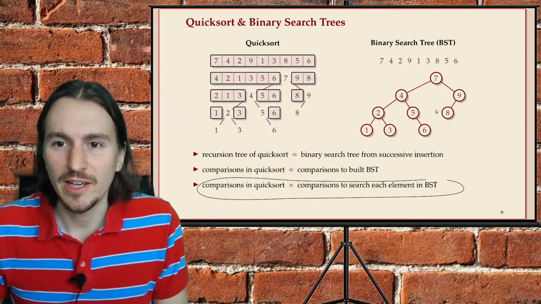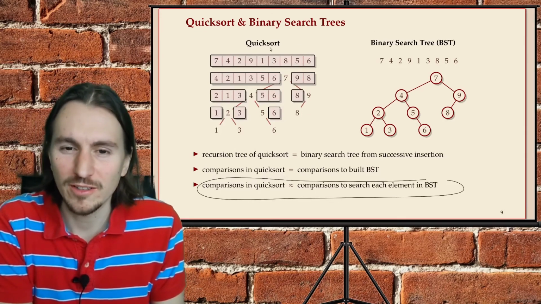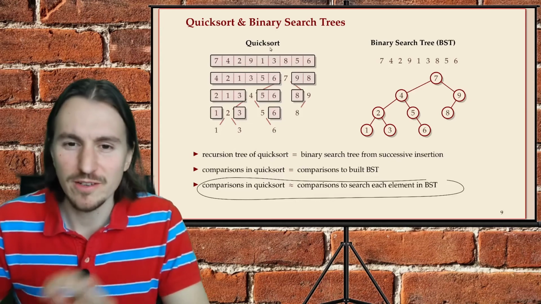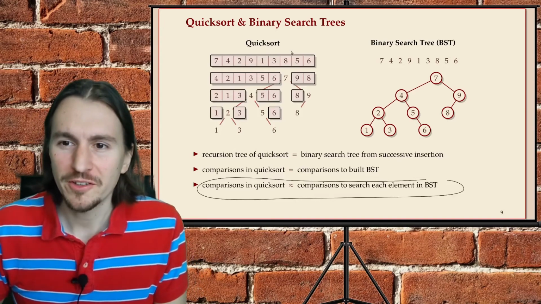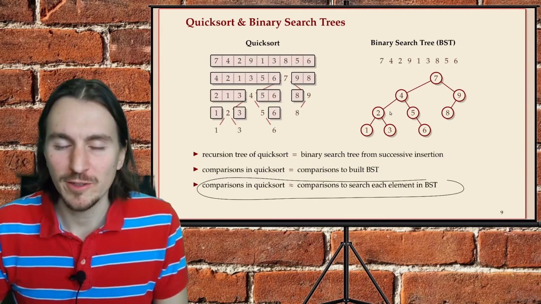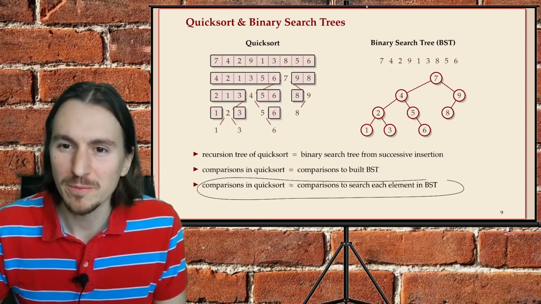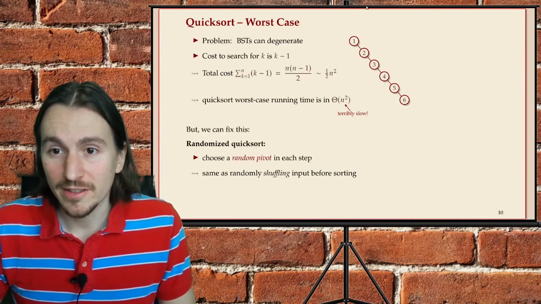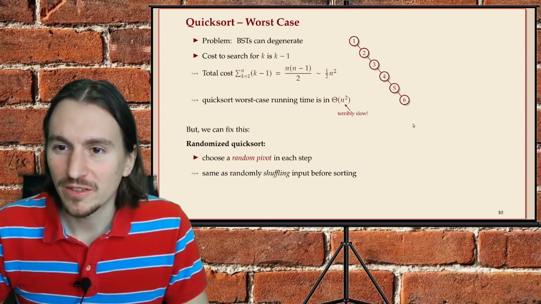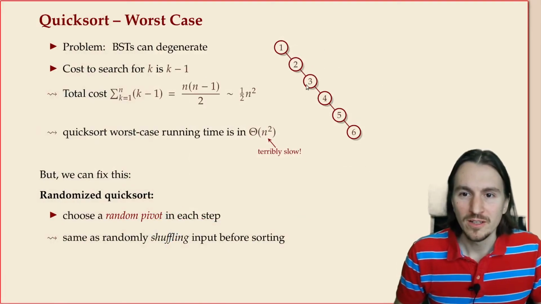So you can analyze and understand this complicated object Quicksort, which modifies the array over time, using a static object, namely a fixed binary search tree that's just built from randomly inserting the elements. And well, we've already talked about how search trees look like. So you've seen this picture hand-drawn last time.